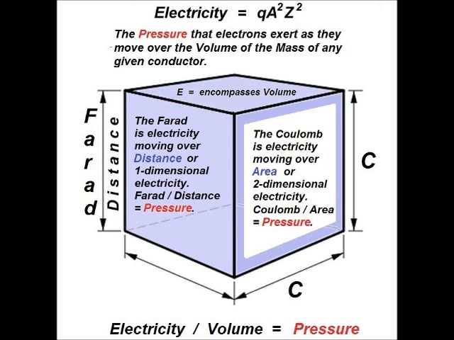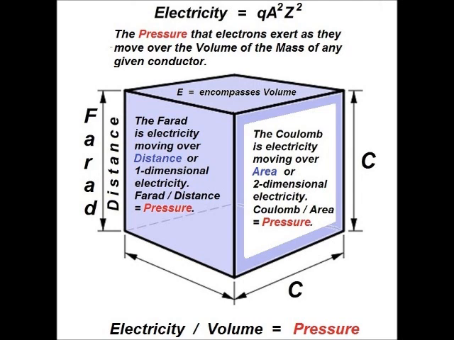And to prove this, if we divide the one equation for electricity, qa squared z squared, by one dimension, that will then give us electricity moving over two dimensions.